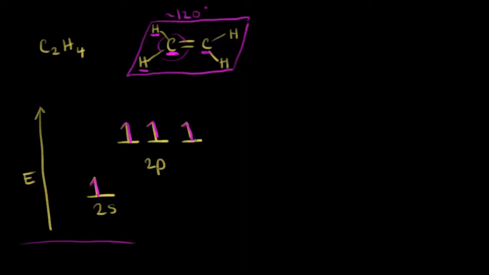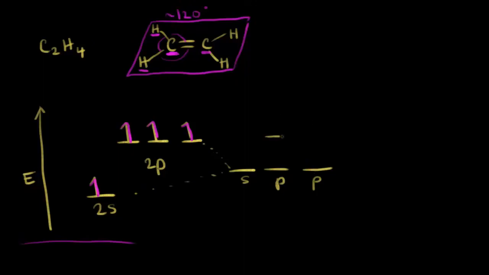And in the video on sp³ hybridization, we took all 4 of these orbitals and combined them to make 4 sp³ hybrid orbitals. In this case, we only have a carbon bonded to 3 atoms, so we only need 3 of our orbitals. So we're going to promote the s orbital up, and this time we only need 2 of the p orbitals, so we're going to take one of the p's and then another one of the p's here.